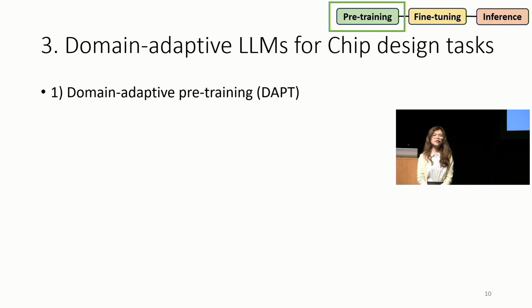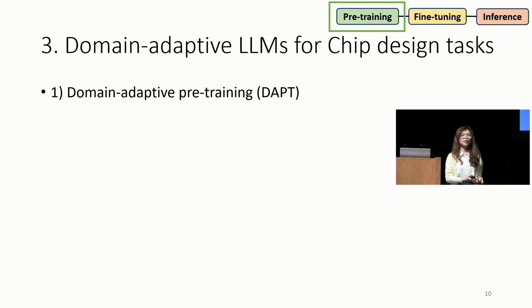For the pre-training stage, what we can do for domain adaptation is mainly domain adaptive pre-training. So you might have access to some general purpose foundation model that can do Q&A, documentation, or code generation. But those are pre-trained from a general corpus.